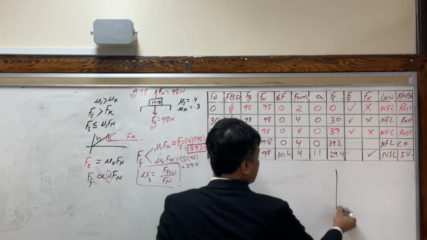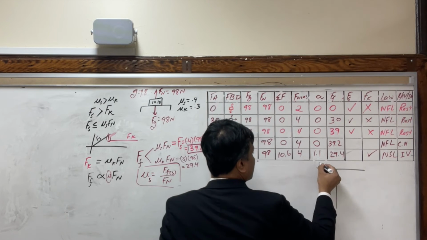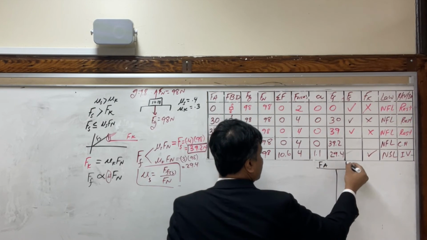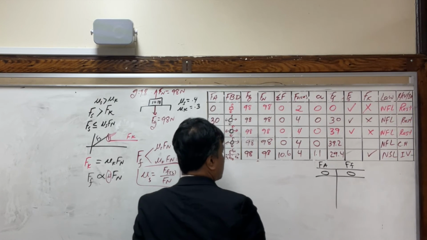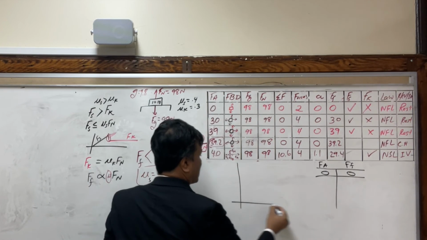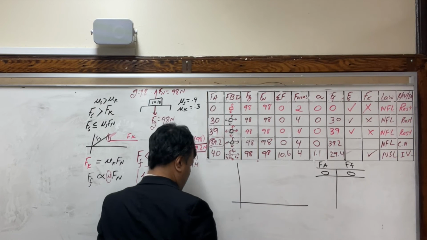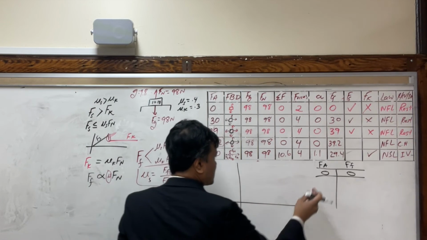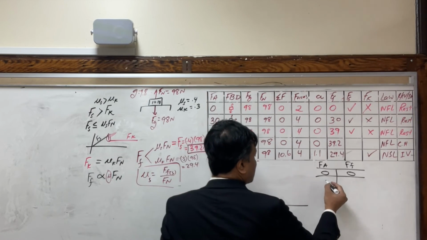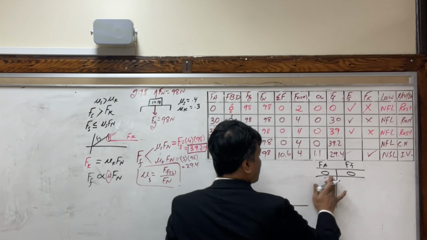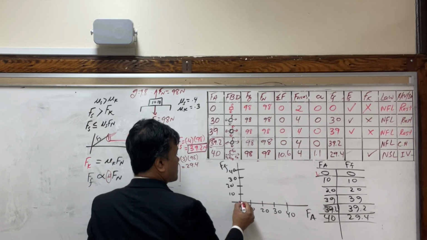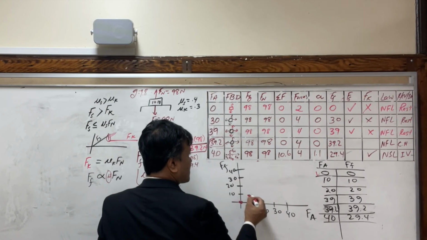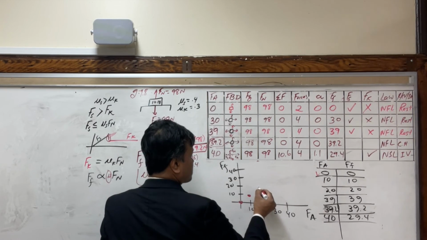Before we do the graph, let's do the table. This is applied and this is force of friction. At 0, this is 0. So I'm going to do this along the way. Let's do one more: 10 comma 10, 20 comma 20.